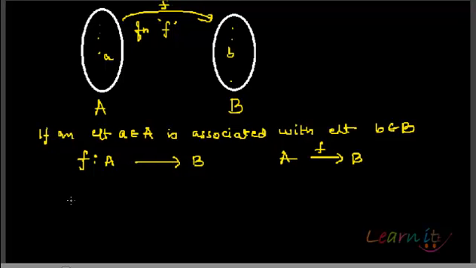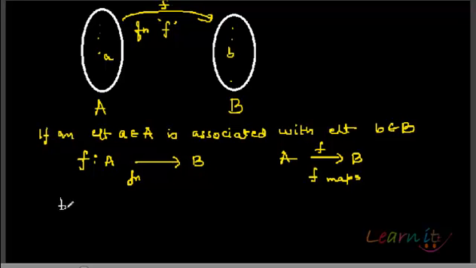Now you can write it as f goes from A to B, or f is a mapping from A to B. Okay, so that's how we can write it. f maps A to B can be written like that, and f is a function can be written like this.